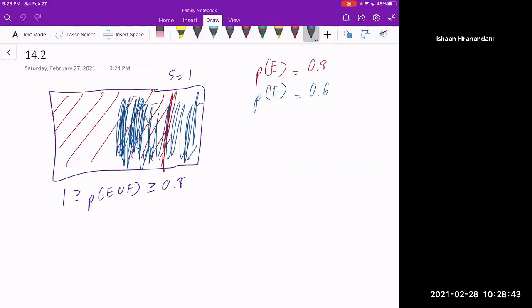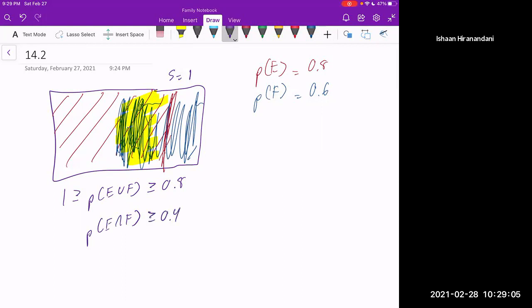So what does this have to be? This overlap at a minimum is what we're trying to figure out. And so we could write that as the probability of E intersect F, and I'm going to say that this is going to be greater than or equal to 0.4.